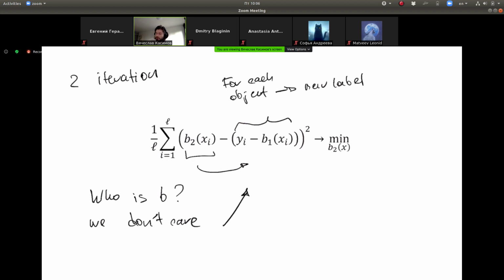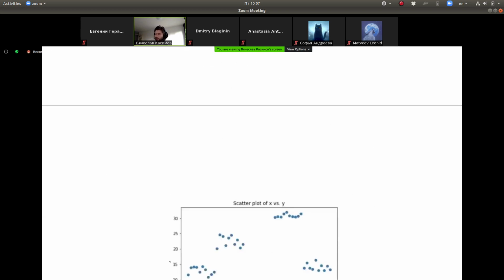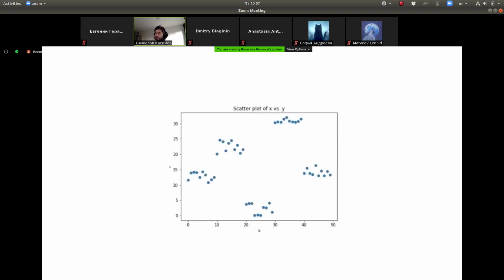Here we get it because of the properties of MSE loss, that we could apply a distributive law. So we could put brackets wherever we want, and say, okay, it's our new answer. Learn each new algorithm on it. Okay, let's see how it will work.